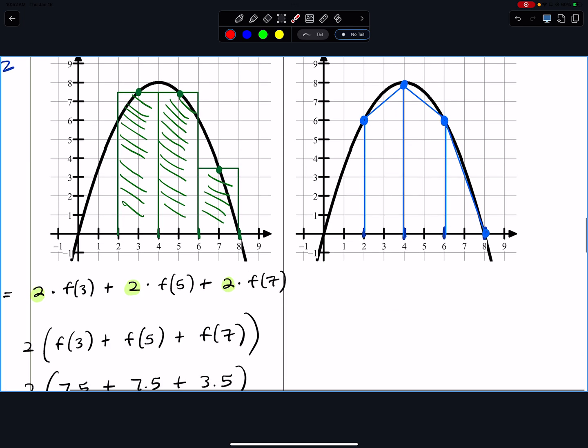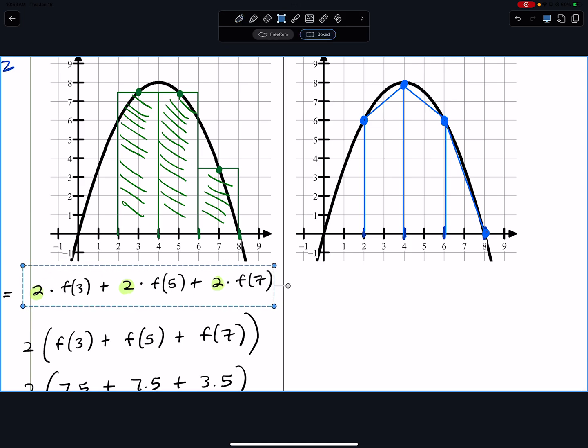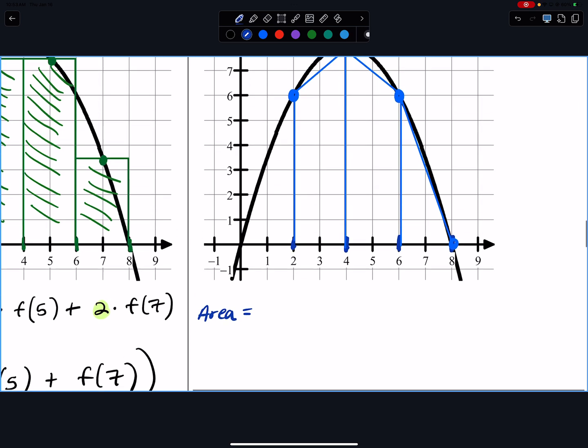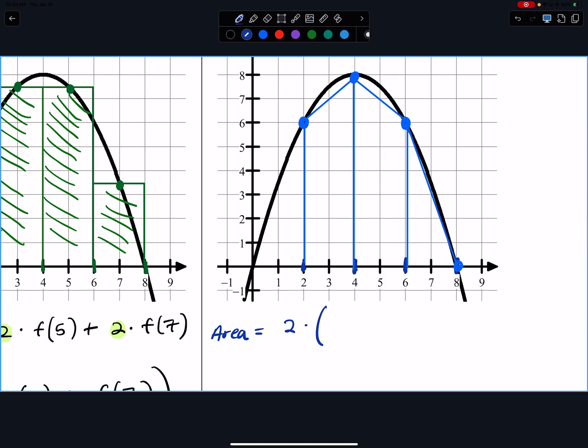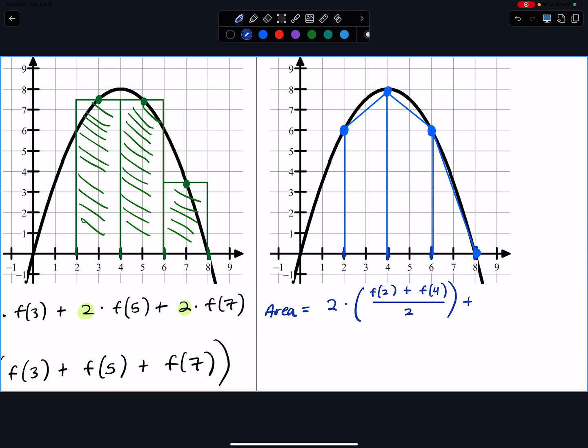So the area is going to equal 2 times, the bases here are going to be f of 2, that's base 1, plus f of 4, that's base 2, divided by 2, plus 2 times, for the middle trapezoid, f of 4 plus f of 6, all that divided by 2, plus 2 times f of 6 plus f of 8, all that divided by 2.